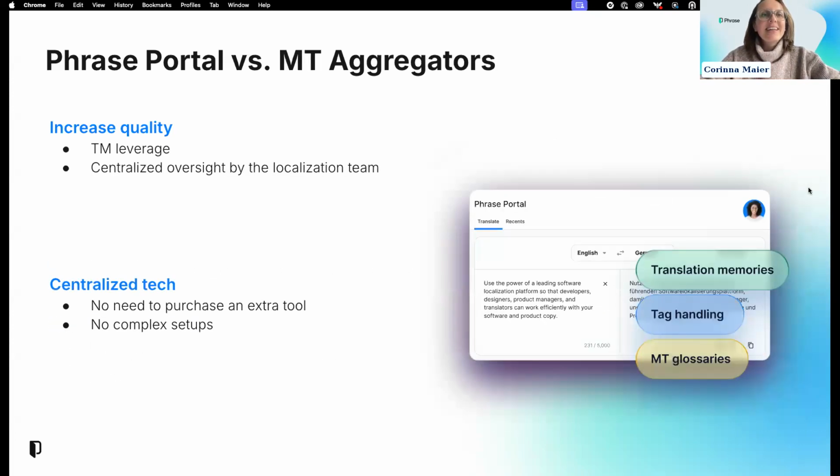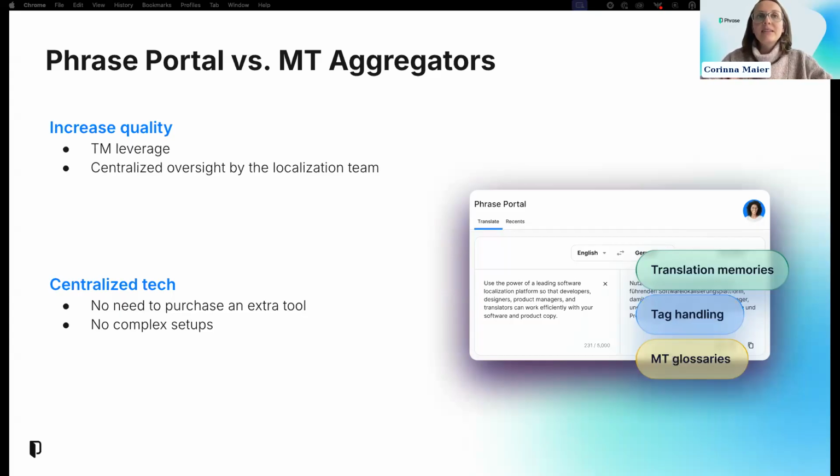How does the Phrase portal compare to the so-called MT aggregators, which also have multiple engines available? Well, the advantage of the Phrase portal is still that your translation memories are just 1 click away in Phrase TMS, and you can easily leverage them and attach them to the Phrase portals.